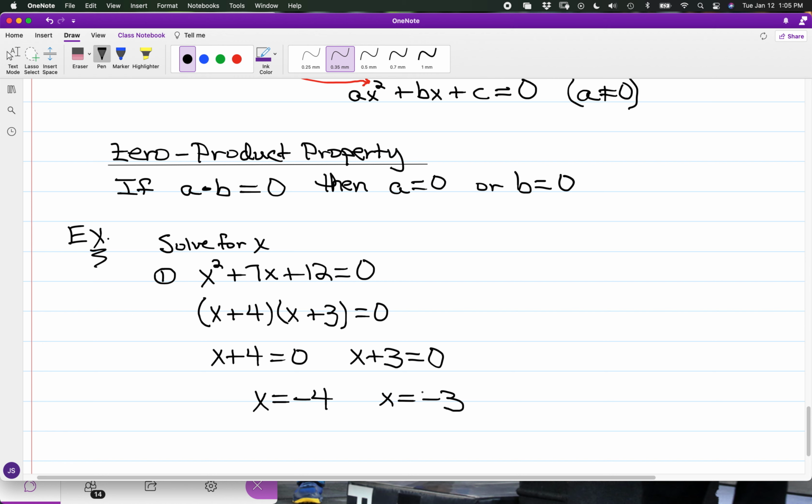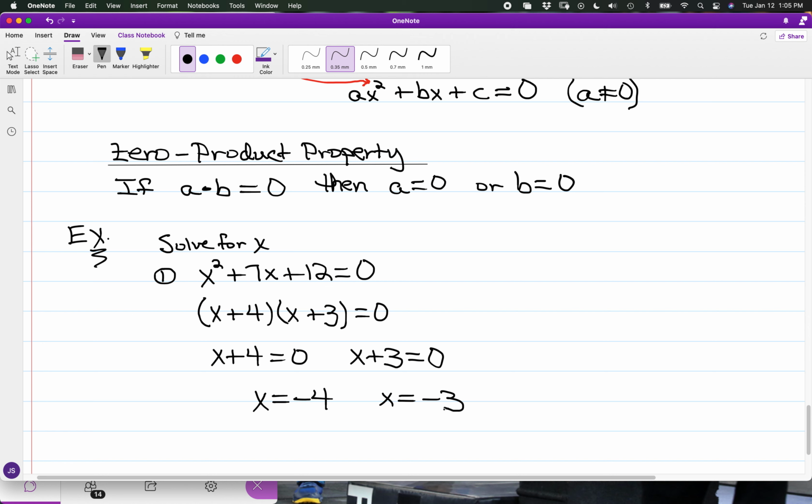And you can always go back and check. If x is negative 4, then squaring negative 4 gives positive 16. 7 times negative 4 is negative 28. So 16 minus 28 is negative 12, and negative 12 plus 12 is equal to 0.